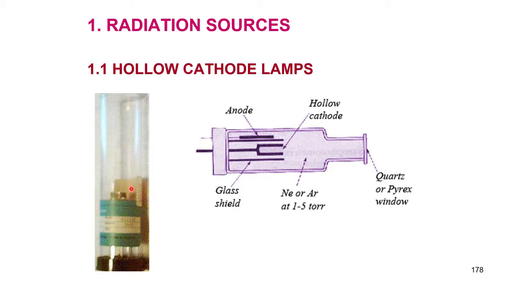So, this is the actual photograph of a hollow cathode lamp. You can see that these are all conical and circular, and you can see some glow here. This is a current hollow cathode lamp used in atomic absorption spectrometry.